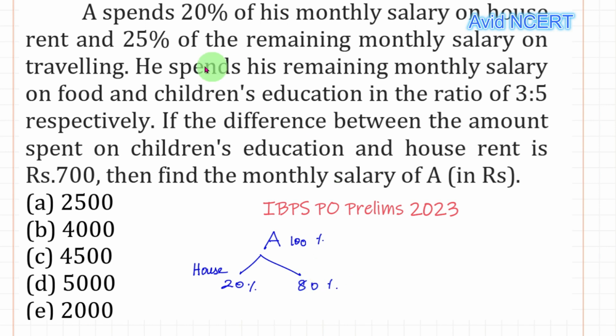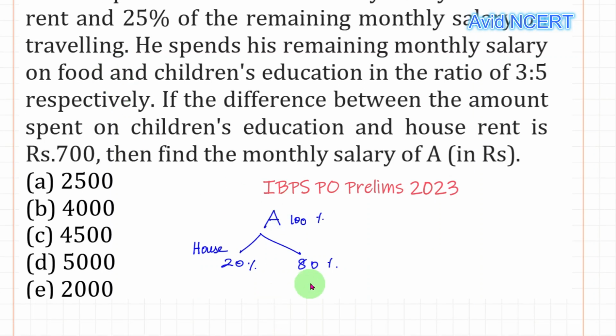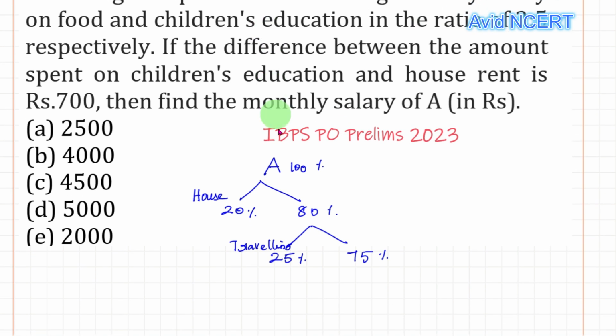Out of this 80%, 25% is spent on traveling, and the remaining 75% will be spent on food and education in the ratio 3:5.